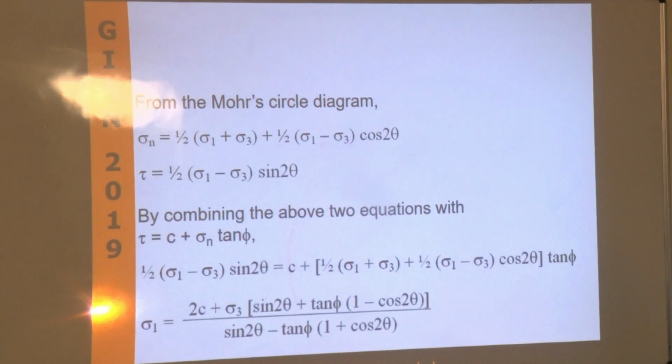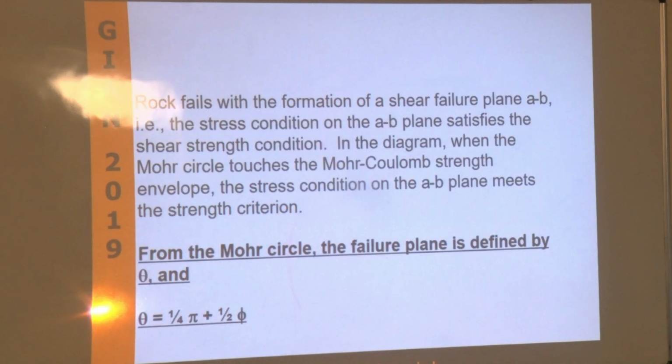Now, a few equations you will maybe remember. When you look at the Mohr circle, the failure plane is defined by theta, and that theta is basically 45 degrees plus half of the friction angle.